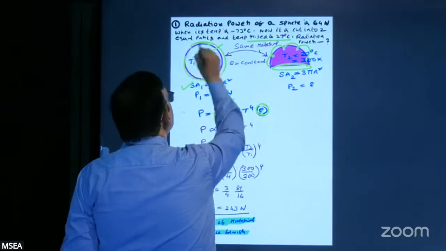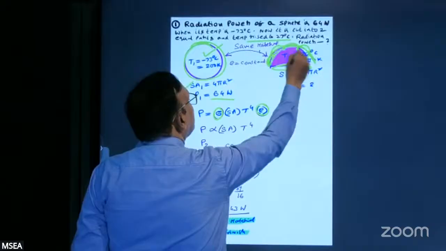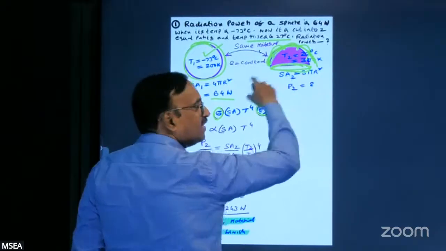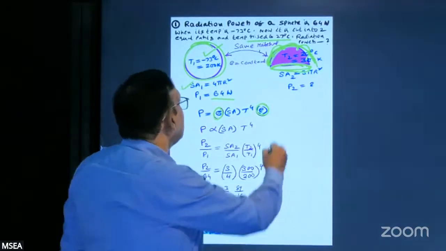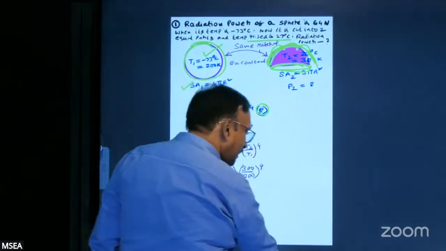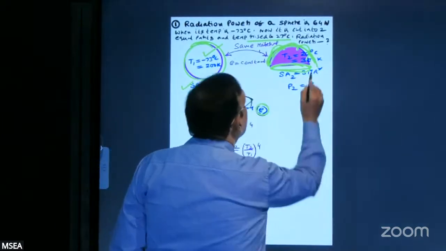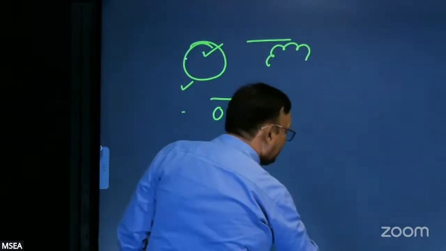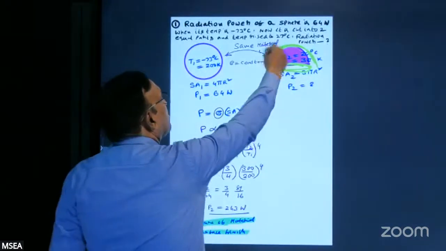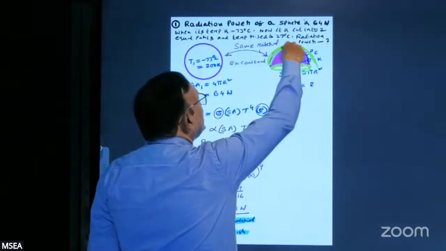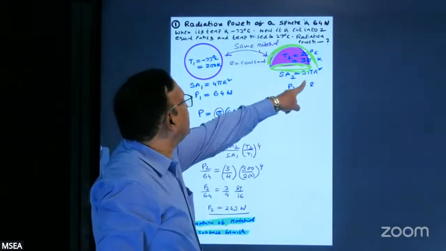All of you know the full surface area is 4πr². Area of this one will become 2πr². This circle has an area πr². So this surface area comes out to be 3πr². 2πr² for the curved surface area, for the circular area πr², total 3πr².